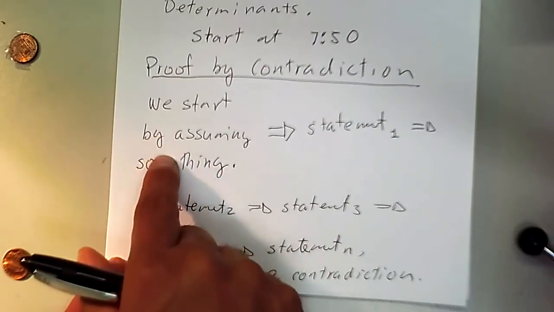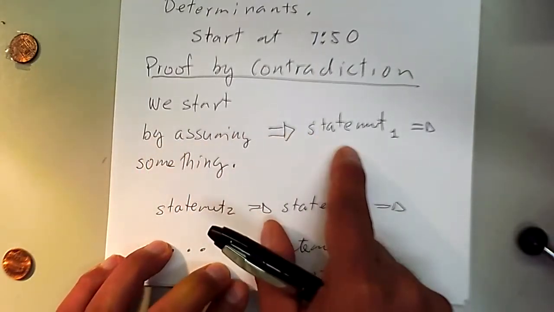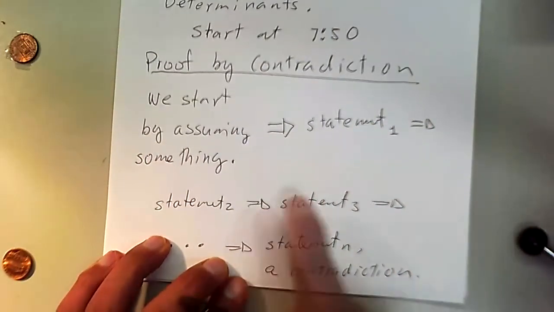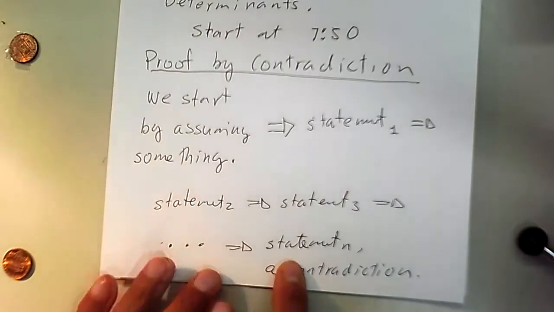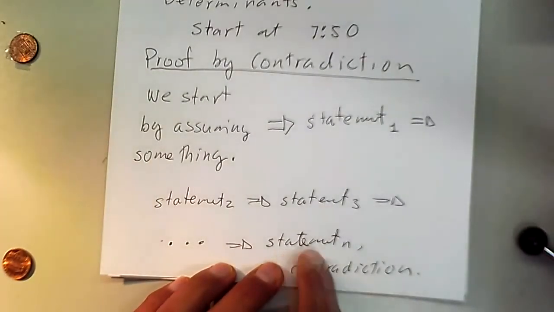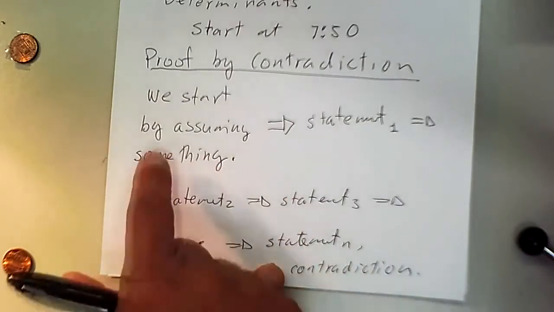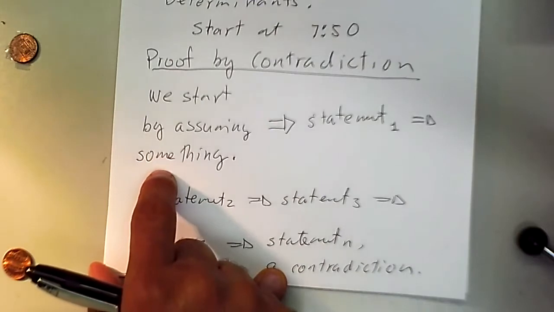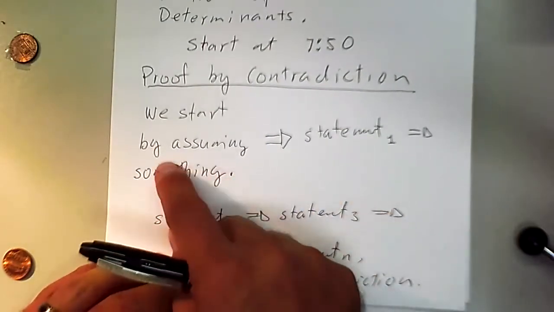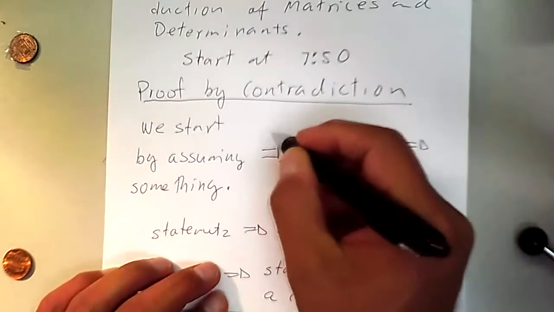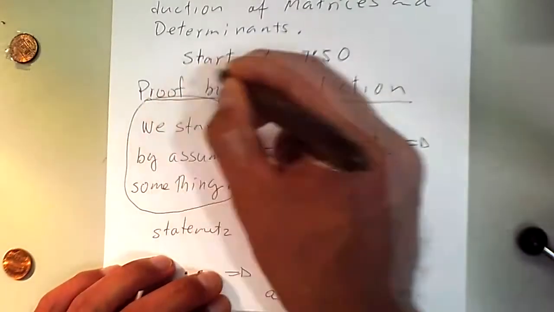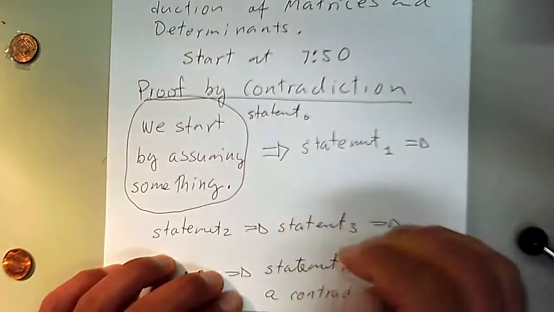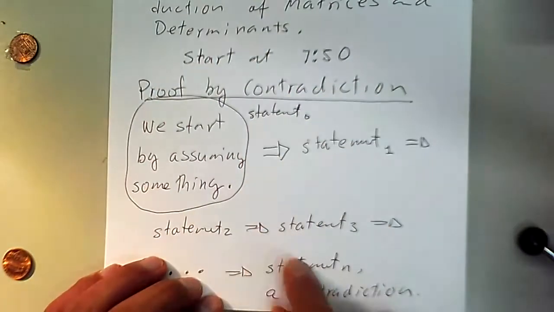Actually, this starts with a statement, and then that has a consequence, which is another statement, and the ultimate consequence, if we follow a particular path or line of thought, will be a contradiction. If that happens, that means that the very first of the statements we made is false. We start by assuming something, and I would call it statement zero. So we have statement zero, statement one, and so forth.